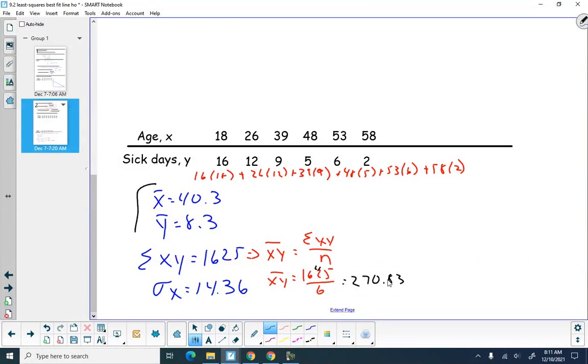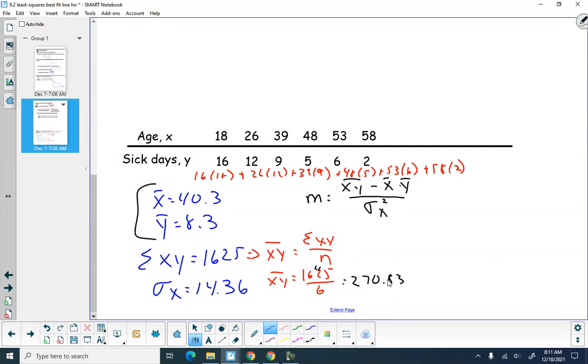The point that we go through is x bar, y bar. That's our point. Our slope we have to calculate. We have xy bar minus x bar, y bar, divided by sigma x squared.